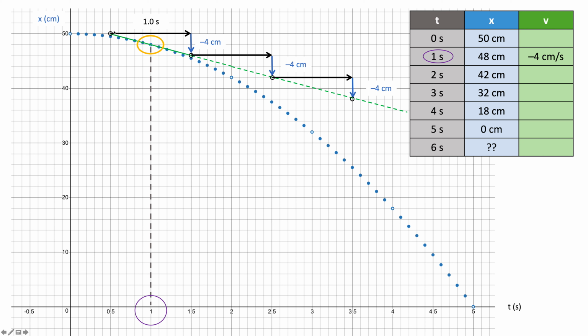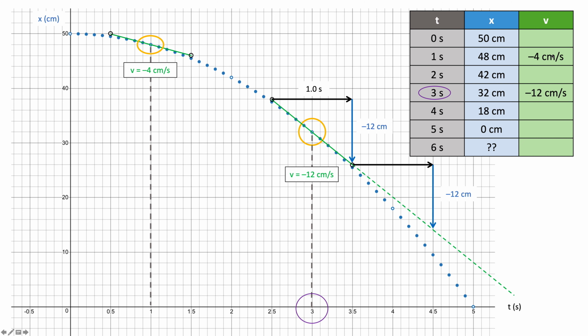And we can see if the particle had kept tracking this line, every second it would have moved 4 centimeters, and another second it would have moved 4 centimeters, and another 4 centimeters. And so the slope of that line is negative 4 centimeters per second. The negative because we have a negative slope, or you could say because the velocity is in a negative direction. So if we do this for the 1 second time, we get a velocity of negative 4, and we'd say for just that instant, it had that velocity, right?